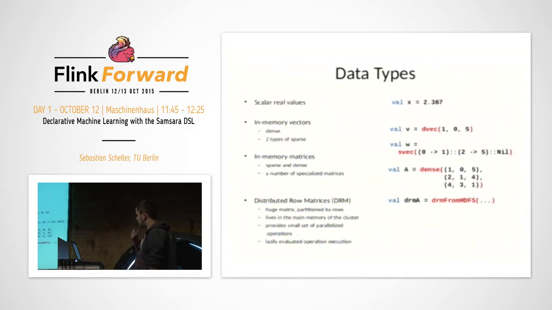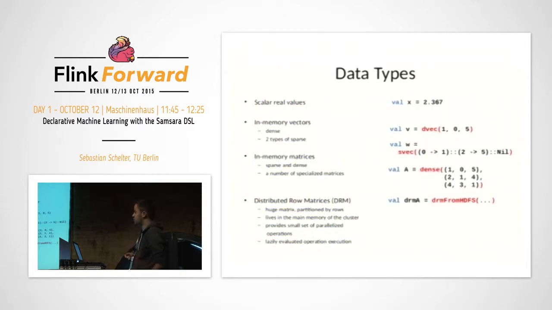But Samsara has one special thing, which in my eyes is very elegant, and that is the so-called distributed row matrix, DRM. And that is a huge matrix that is partitioned by its rows, and that's living in the cluster. It's stored in the main memory of the cluster. And the nice thing is that you can also do operations on this distributed row matrix, but you can only do a subset of the operations that you can do on an in-memory matrix.